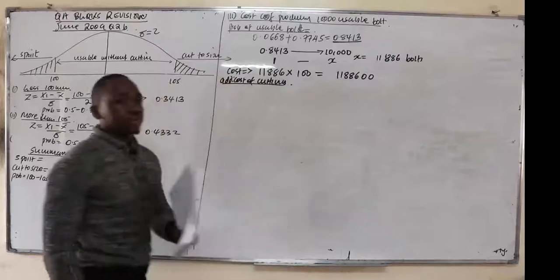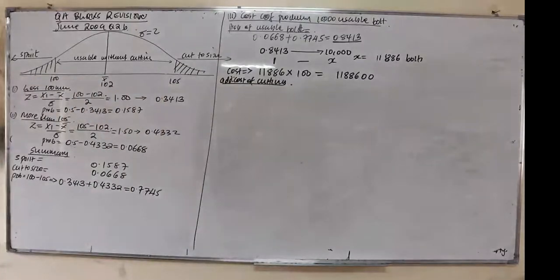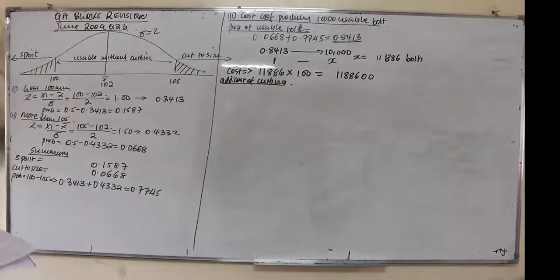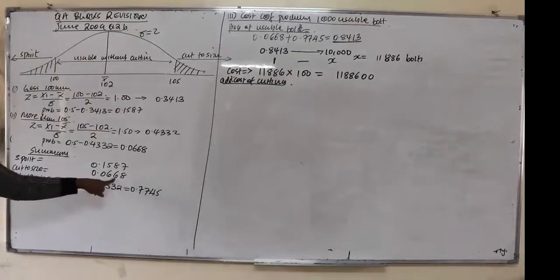My question is, how many bolts will be sent for cutting? It's very simple. You have the probability of those deemed to be cut to size, which is 0.0668.